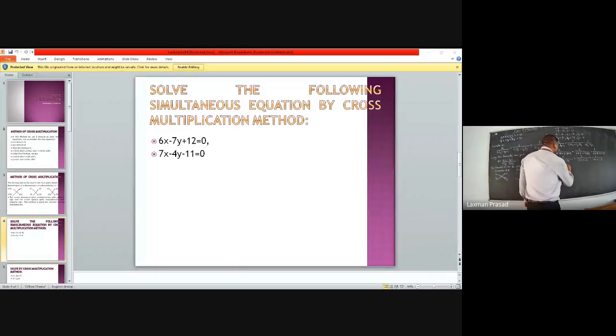Okay. So x upon 125, 77 plus 48 equals 125, y upon 150.